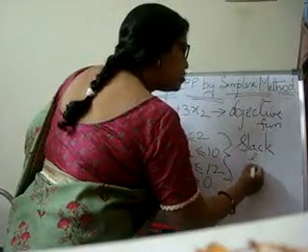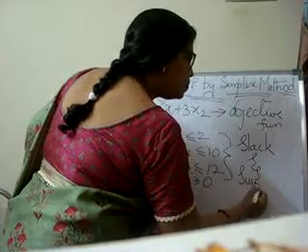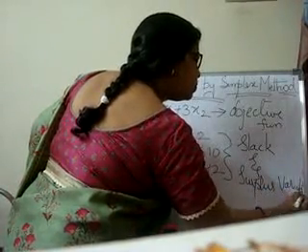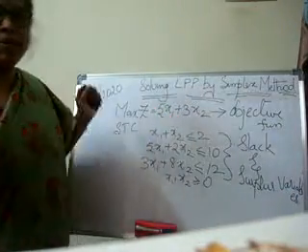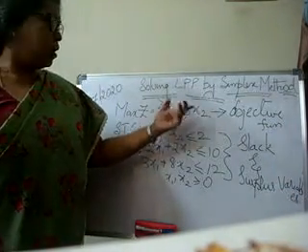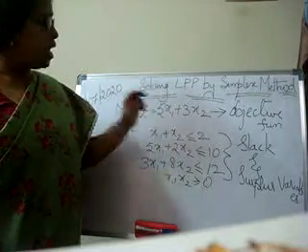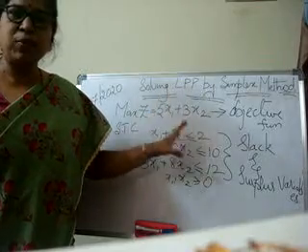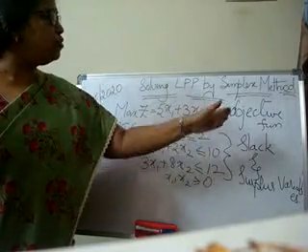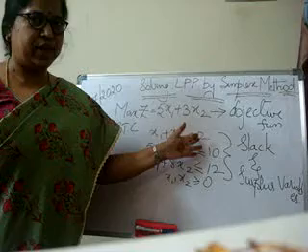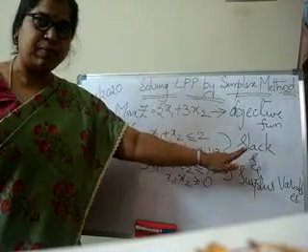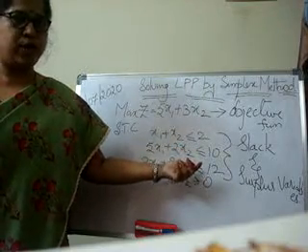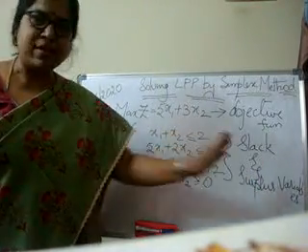The objective function should be maximization, and the constraints should not be inequations. We have to make them equations by introducing a slack variable if it is a less than or equal to inequation, and if it is a greater than or equal to inequation, we introduce a surplus variable.